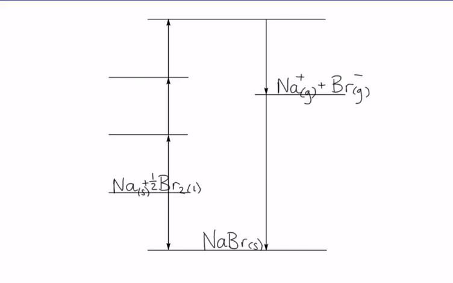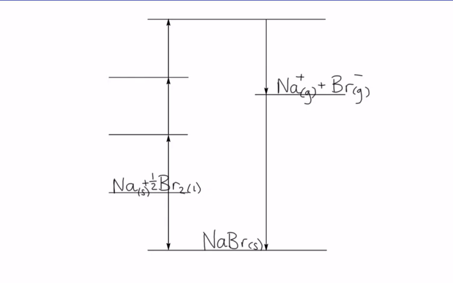What I'm going to do now is go up to my table and look at the data I've got and see if I can find this particular enthalpy change, this arrow that's pointing down here in my table of data. So can I find an equation where Na solid and a half Br2 liquid turn into NaBr solid?